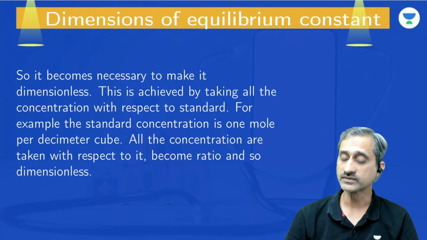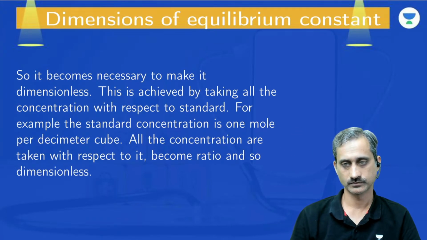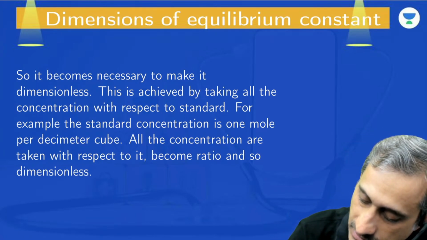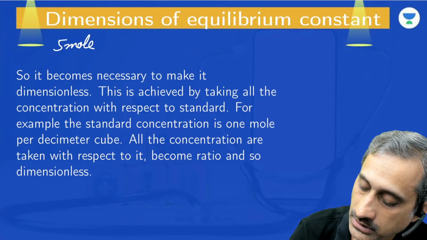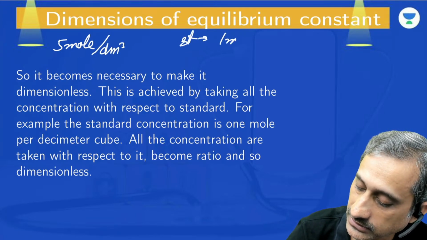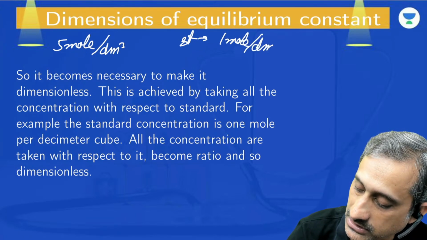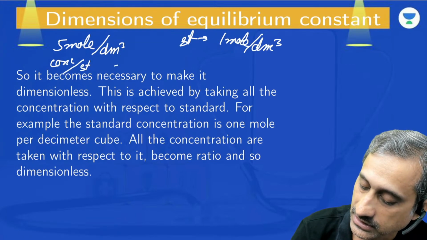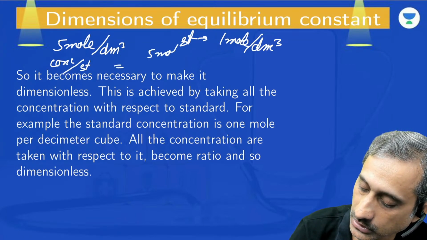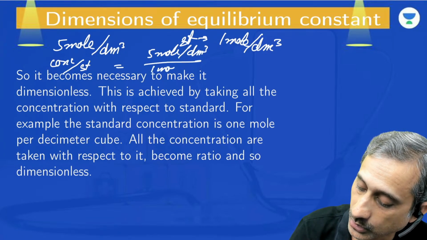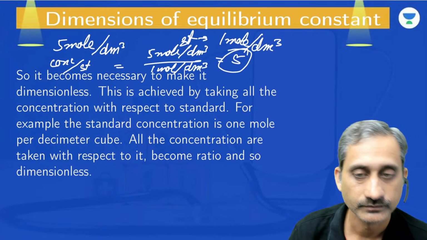So now what we do is we take the concentration in ratio with a standard. Let's say we have the concentration as 5 mole per decimeter cube, and we have the standard as 1 mole per decimeter cube. So if I take the concentration by standard, it becomes 5 mole per decimeter cube divided by 1 mole per decimeter cube, and that simply becomes equal to 5.